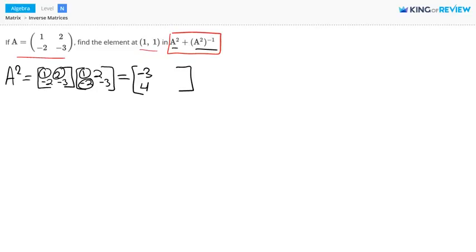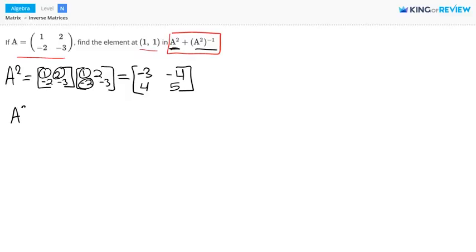And then for the second column, we have 1 times 2 plus 2 times negative 3, and that equals negative 4. And the last entry is negative 2 times 2 plus negative 3 times negative 3. And that gives us 5. So now we know what A squared is.